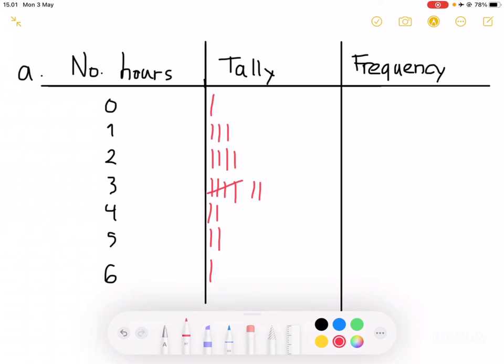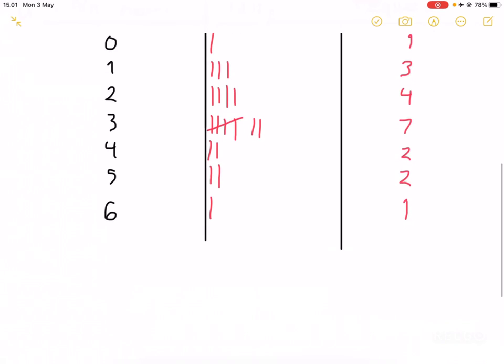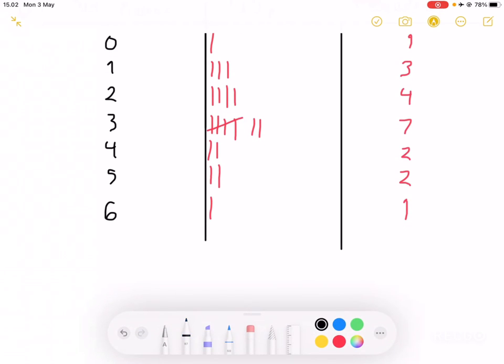Now we can just label the frequencies as shown. So we have 1, 3, 4, 7, 2, 2, and 1. And perhaps I'll just add a total row for this. It will theoretically represent 20. So if you sum all these numbers, you should end up with 20.